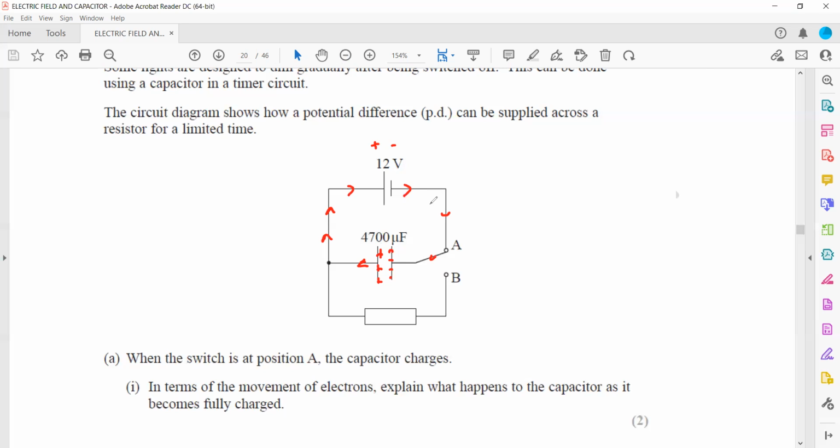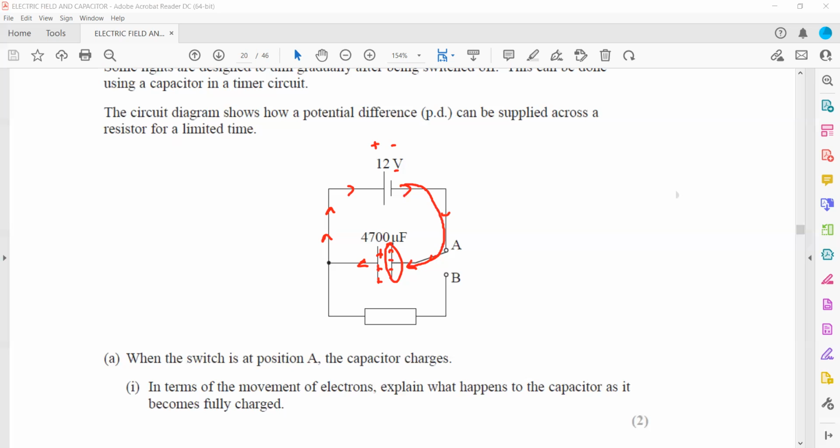When the capacitor becomes fully charged, the flow of electrons starts to decrease, because like charges repel each other. From the battery, electrons are not able to move because there are already many electrons, a net negative charge, on one of the plates.